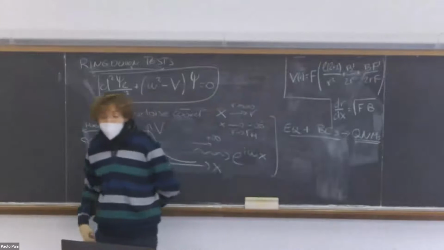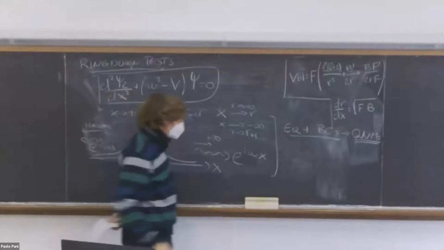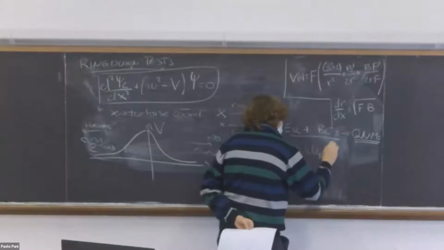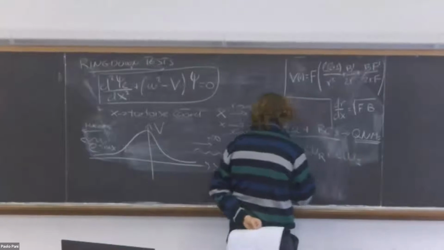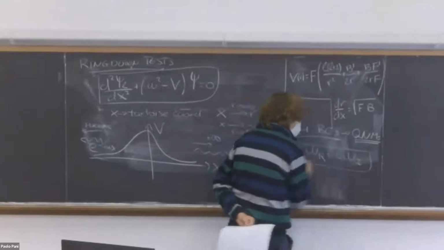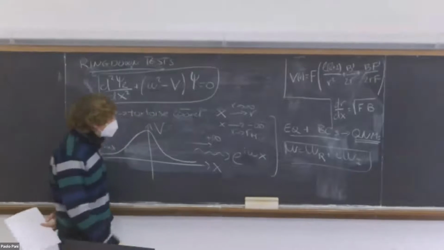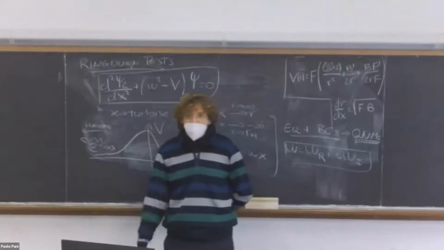So the eigenfrequencies of this problem are complex, in fact, and can be written as a real part and an imaginary part. The real part is associated with the oscillations of this mode, so this is the mode frequency, and the imaginary part is the inverse of the damping time.